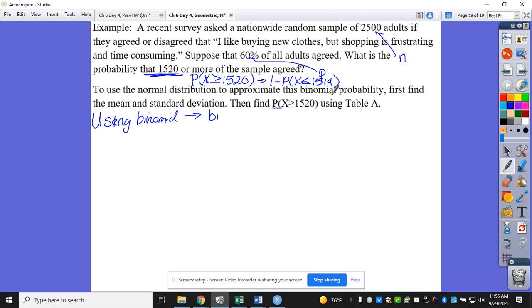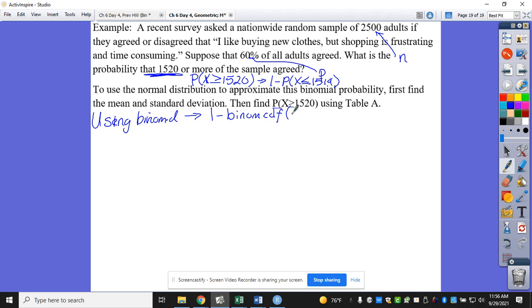Type that in your calculator real quick with CDF. 1 minus binomial CDF of 1519 is your x, 2,500 is your n, and 60% is your p. What's the first number you plug in with CDF?